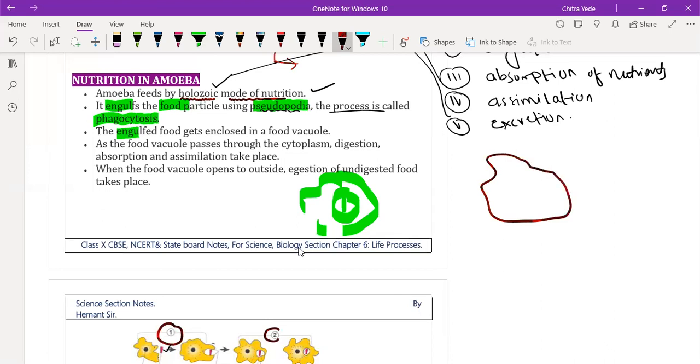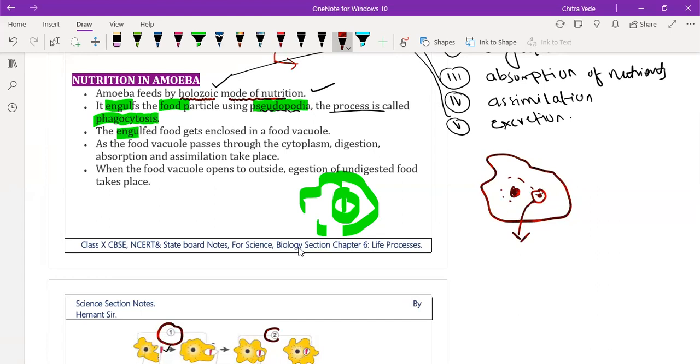Once the food is taken in by the amoeba, here the nucleus is present, so the nutrition is absorbed during the motion of the food vacuoles inside the amoeboid cell.